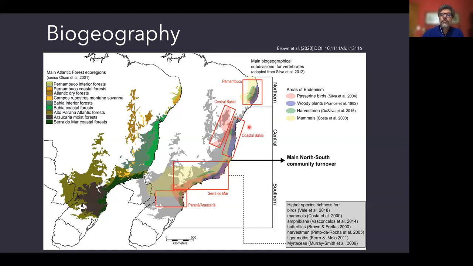So in this area here near the Doce River mouth, you have this turnover. Many species go from here to here, and then they don't go to the south here, and other species go from here to the south, and they don't go up north here. So the kind of fauna and flora that you have here is usually different from the kind of flora and fauna that you have here.